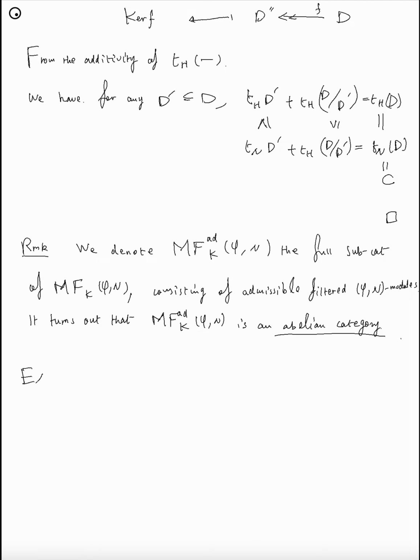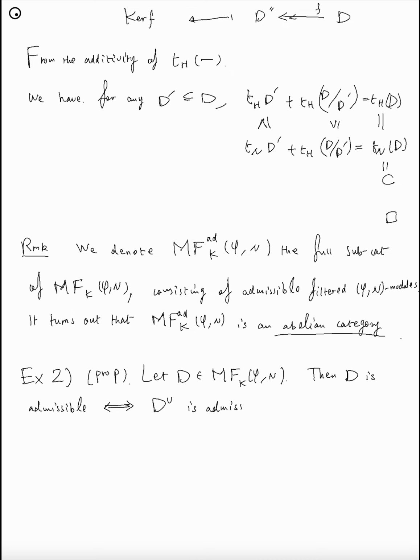Second part of exercise today. Prove the following proposition. So again, let's take a filtered phi N module D. Then we claim that D is admissible if and only if its dual is admissible. Proof is actually very quick, just by what we have proved in the last exercise.